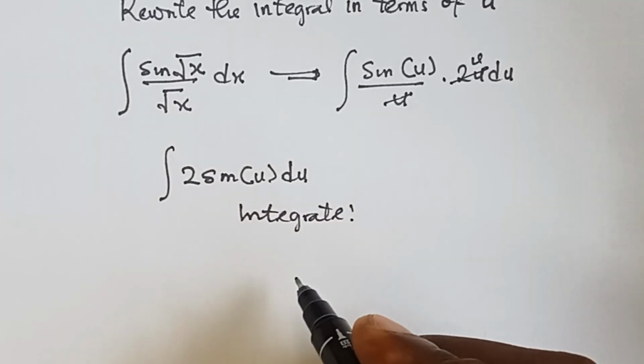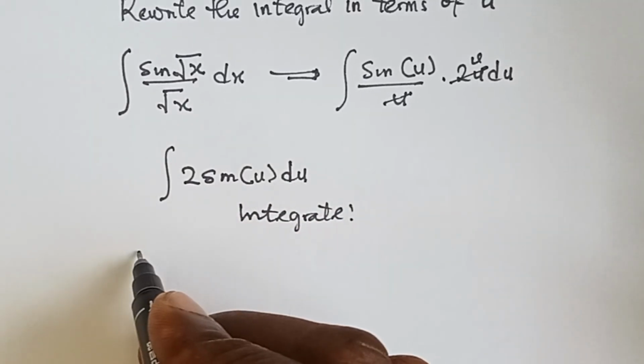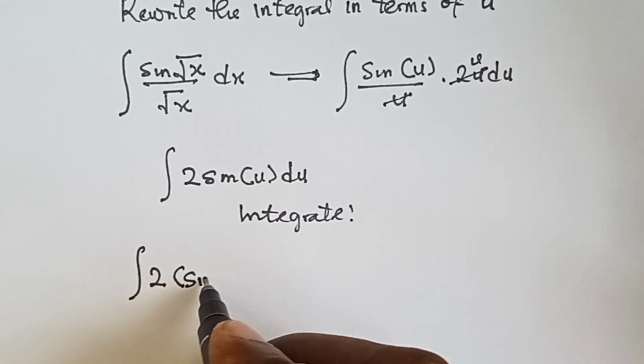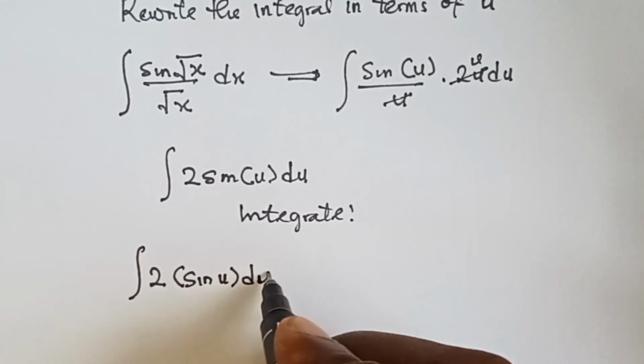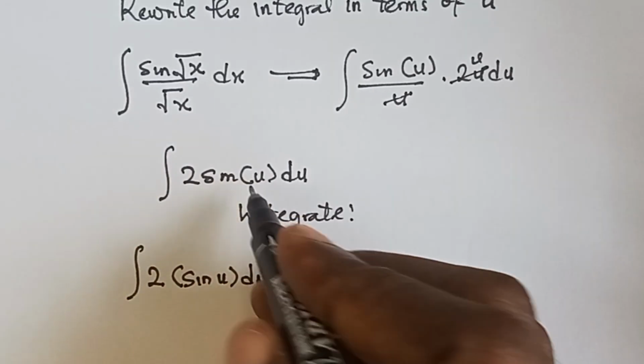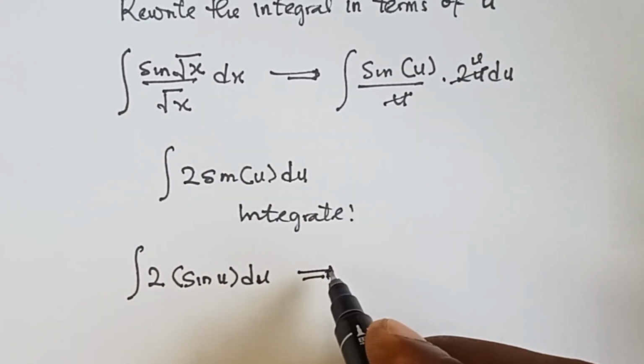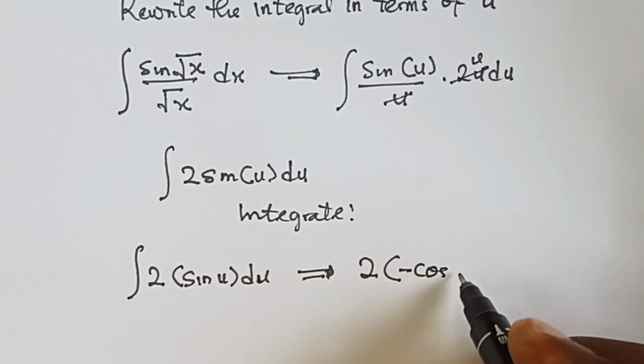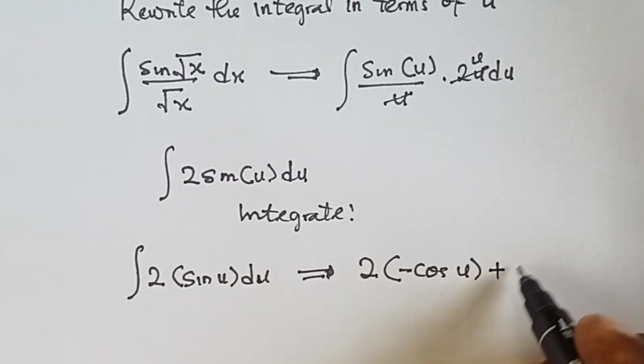From here we can integrate. All right, so we want to integrate this, 2 sine u du. By the time we integrate this, we have 2 times minus cos u plus c.